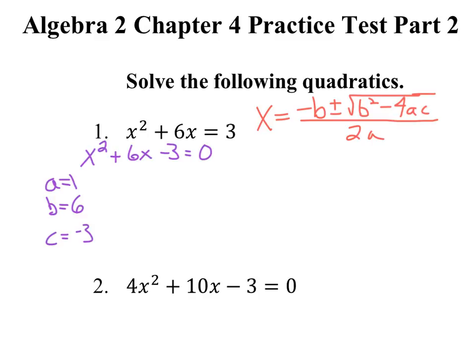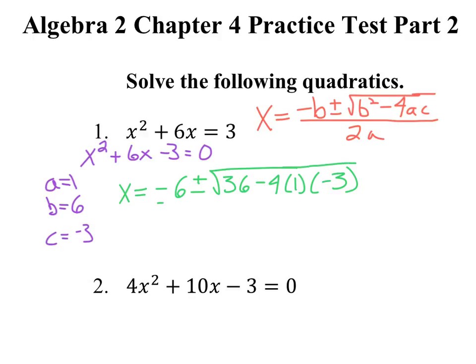Let's go ahead and get to actually using that quadratic formula. So we have x equals, this will be a negative 6 then, plus or minus the square root, and like I said, 6 squared is 36, minus 4 times 1 times negative 3.